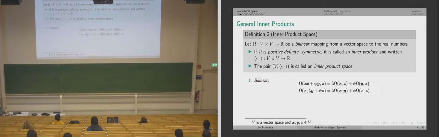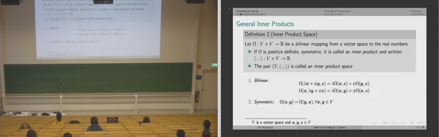Bilinearity means that if my map takes two inputs, then that linearity applies to the first input and to the second input. That's what's written here. You have it applied on the first input, and then you have it applied on the second input.